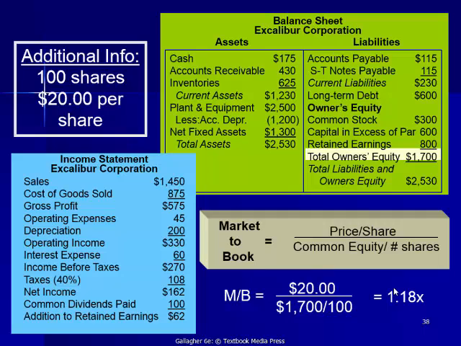And if the book value is a good estimate of what the assets are really worth, you occasionally run into the situation where you have a firm that's worth more dead than alive. The firm would liquidate itself in that case and sell off all the assets, pay off all the liabilities, and distribute what's left on a per share basis to the stockholders.